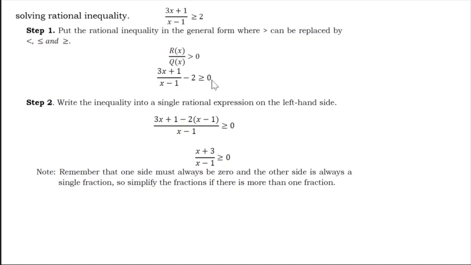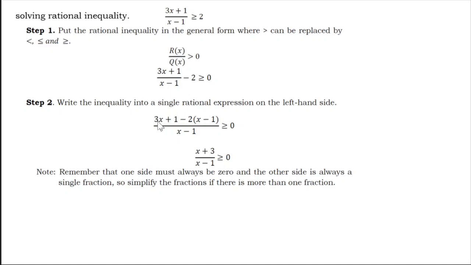Then, step 2, write the inequality as a single rational expression on the left-hand side. On the left-hand side, since there are still two terms, it becomes a single expression by getting the LCD. So, the LCD is x minus 1. And take note, in combining the two terms into a single rational expression, we have to multiply each term by the LCD.